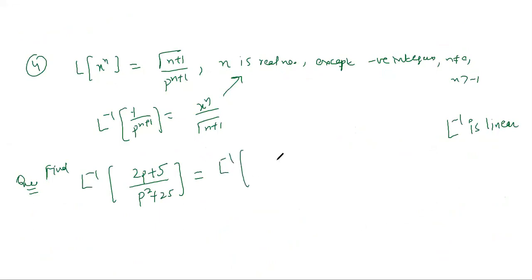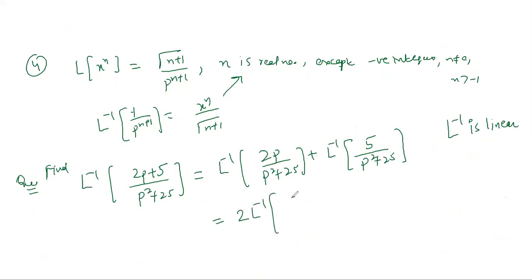So this is going to be L inverse of 2p over p square plus 25 plus L inverse of 5 over p square plus 25. The 2 can come outside. So this is 2 times L inverse of p over p square plus 5 square, plus L inverse of 5 over p square plus 5 square. Which formula does this remind you of?